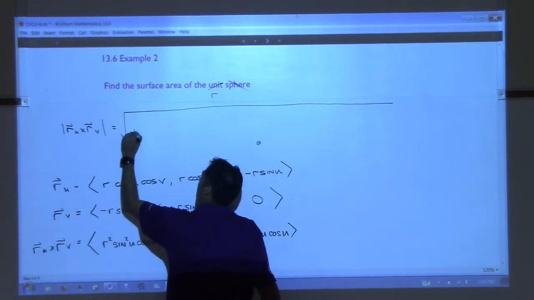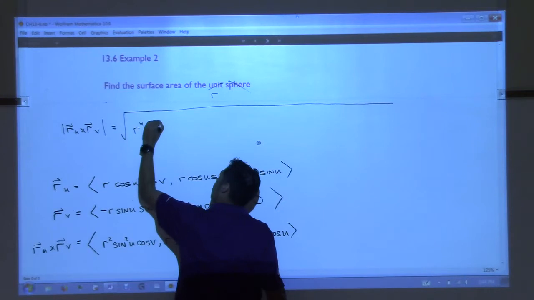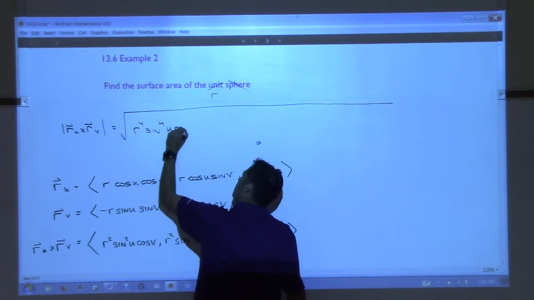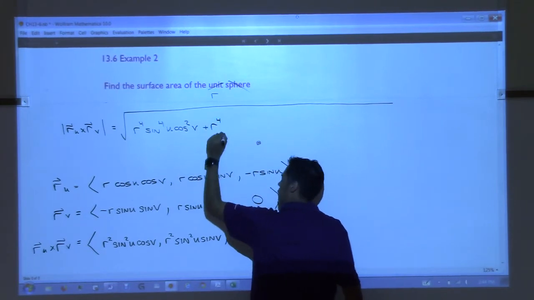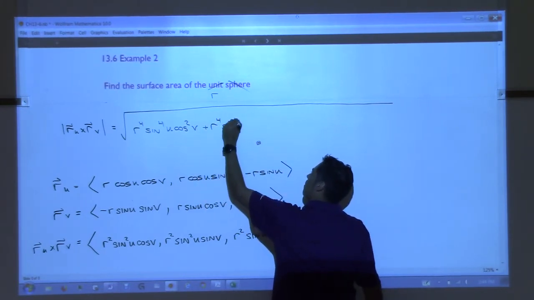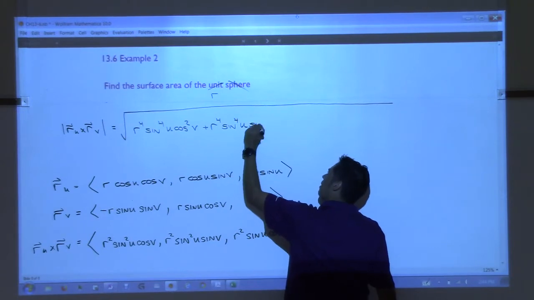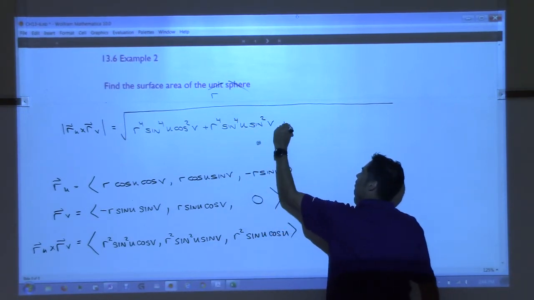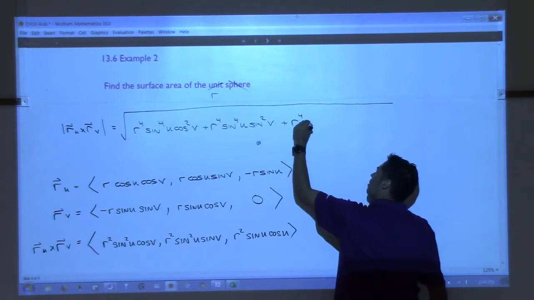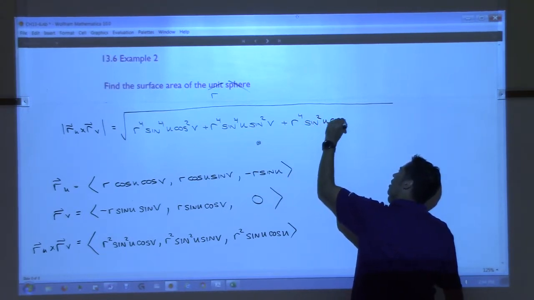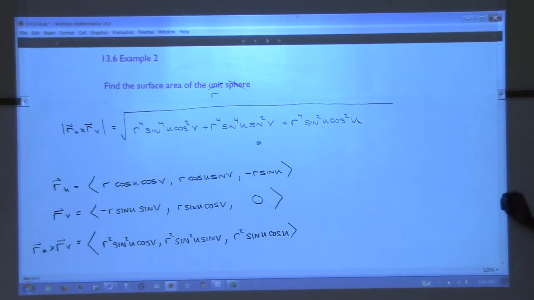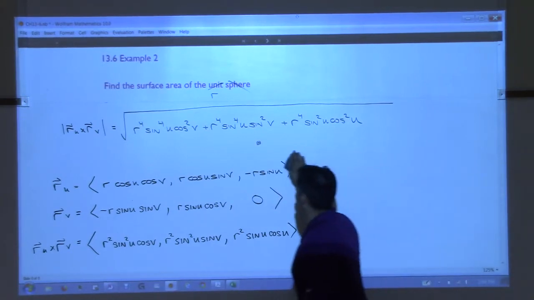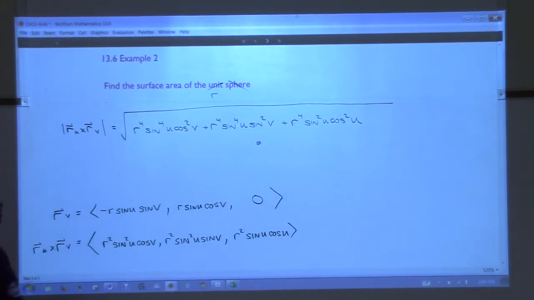R to the fourth sine to the fourth u cosine squared v, plus r to the fourth sine to the fourth u sine squared v, and then plus r to the fourth sine squared u cosine squared u. They all have an r to the fourth, so I can pull the r to the fourth out, and then I can pull it completely out of the root, and it'll become an r squared, right?